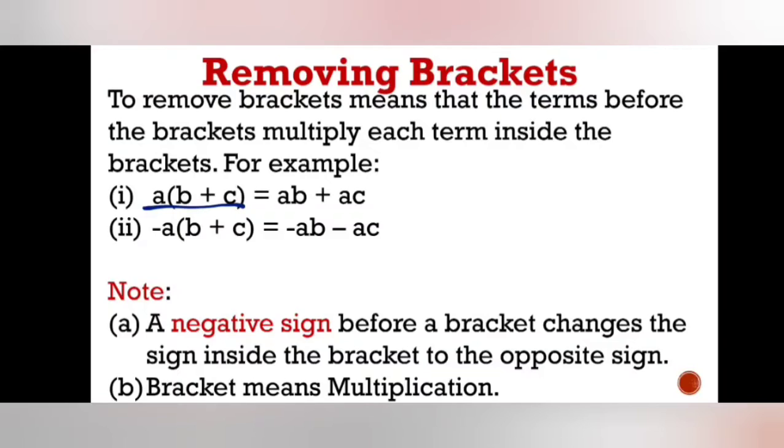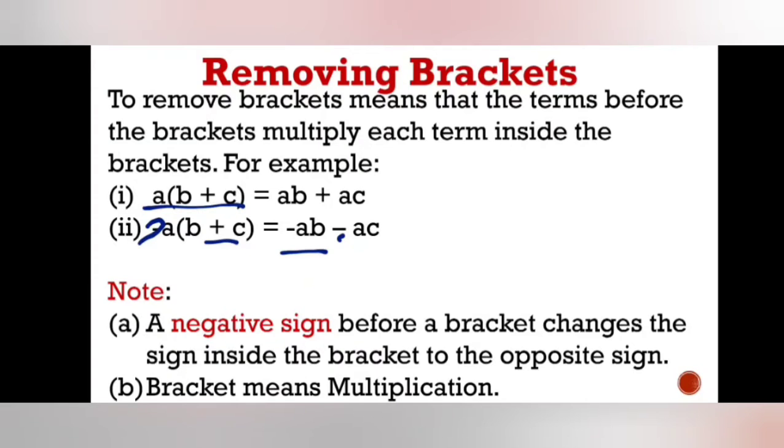Now look at another one. For example, minus A open bracket B plus C. Now the minus sign outside the bracket, when it multiplies each term inside the bracket, changes all the signs inside the bracket. Minus A times B is minus AB, and this minus multiplying this plus gives us minus.